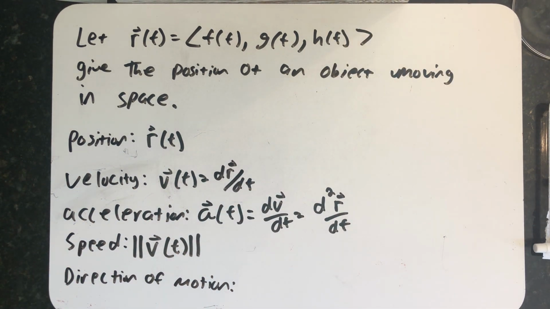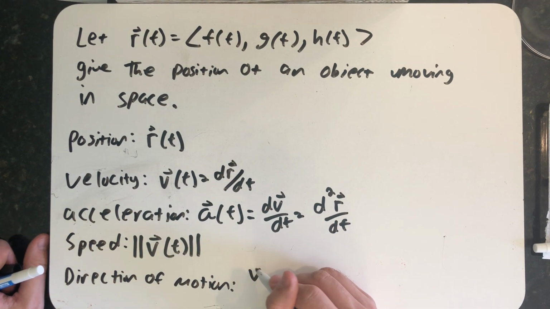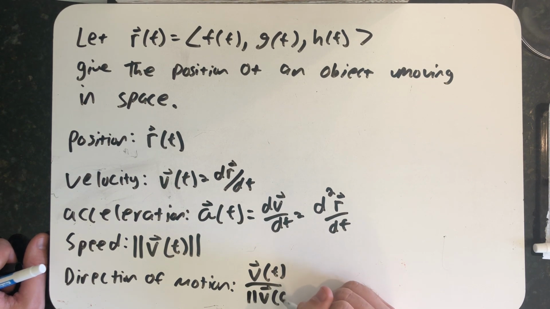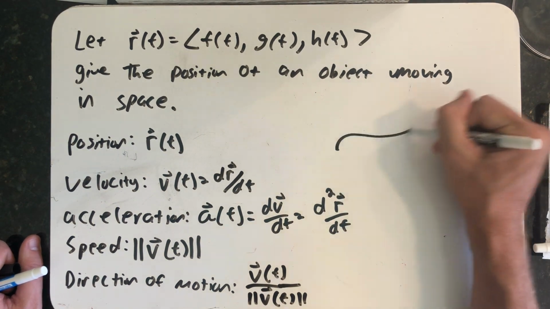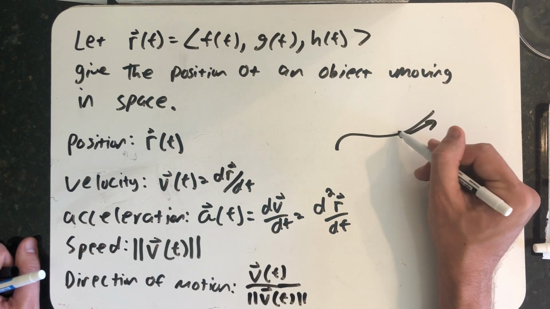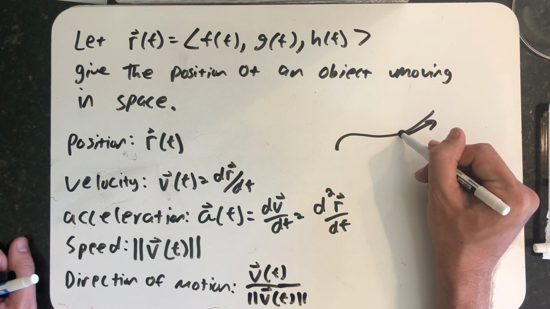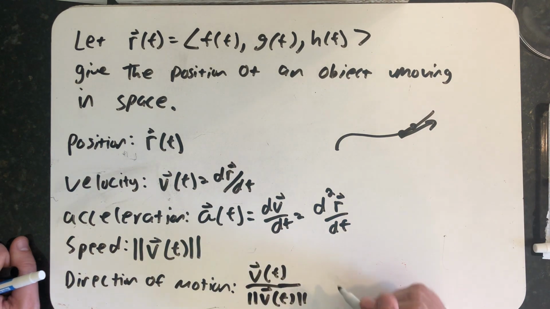The direction of motion now isn't just a plus or a minus. It's a unit vector. The direction of motion is the unit vector that is velocity over its own magnitude. Right, because if I think about a curve in space, the velocity vector was pointing tangent to my curve, so if it's pointing that way, it means in that moment, my point is moving that way. This vector gets a name.